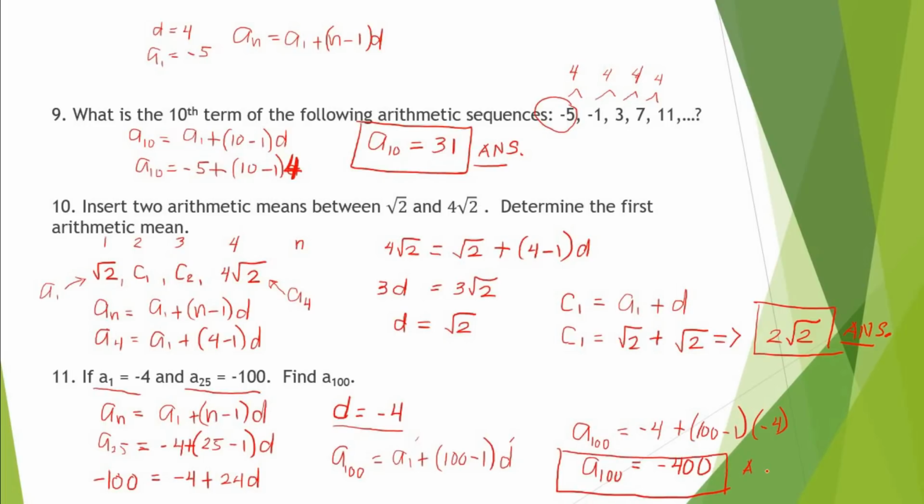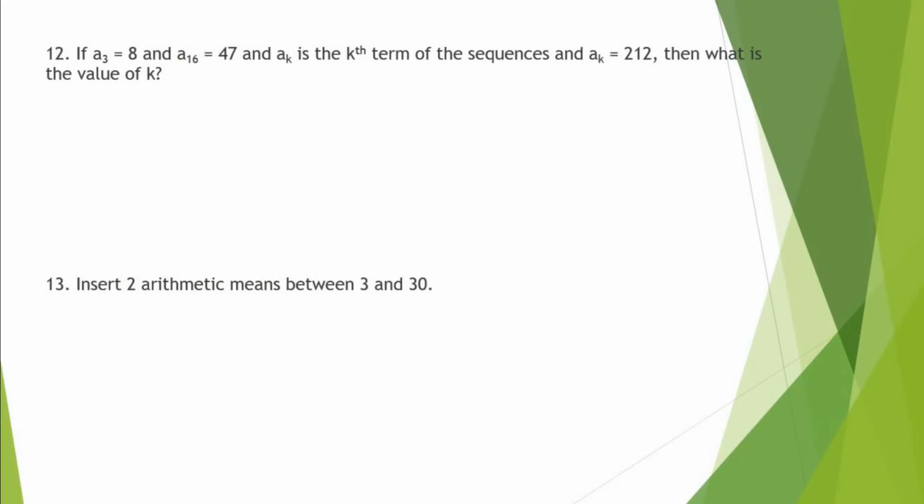And this is our answer. So let's have another illustrative example. If the third term is equal to 8 and the 16th term is equal to 47, and A sub k is the kth term of the sequence and A sub k is equal to 212, then what is the value of k? This is quite a tricky problem.